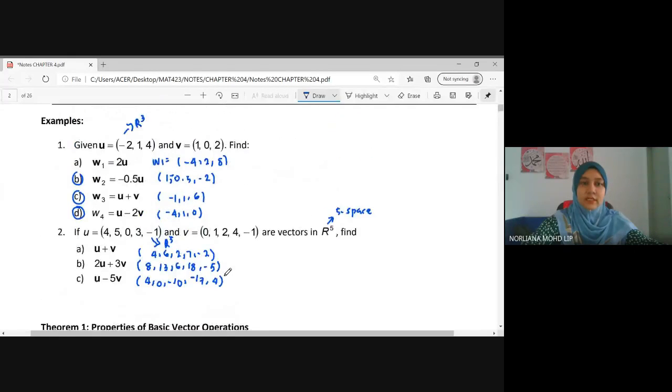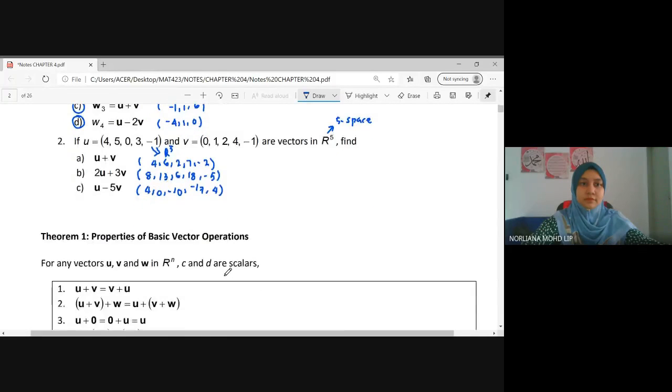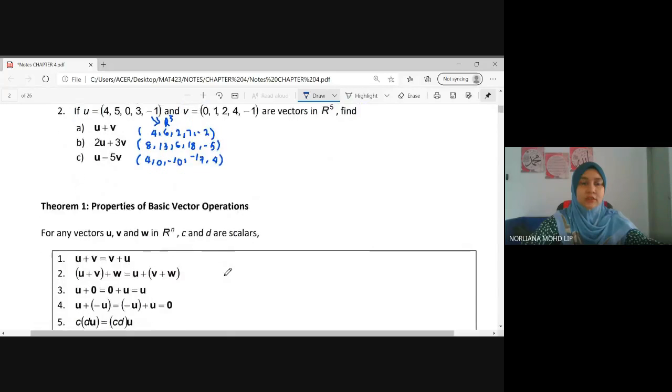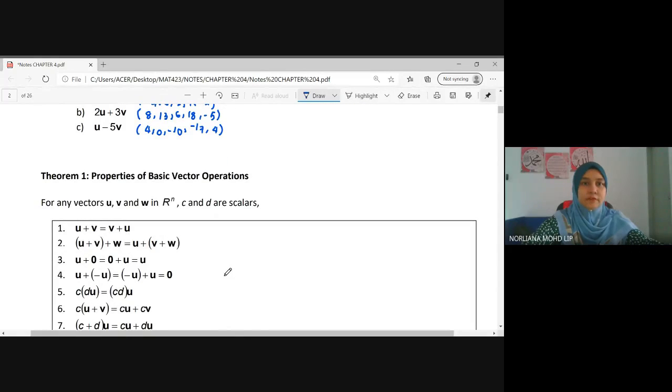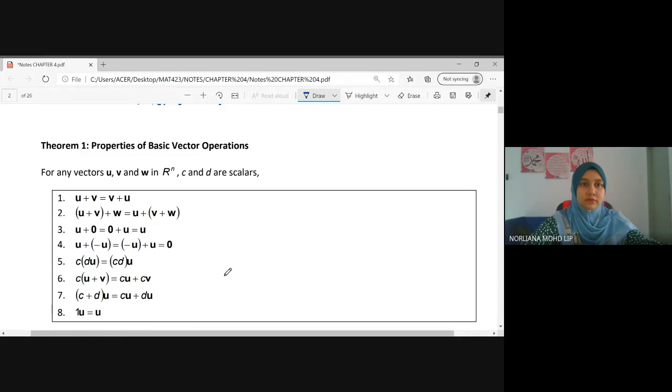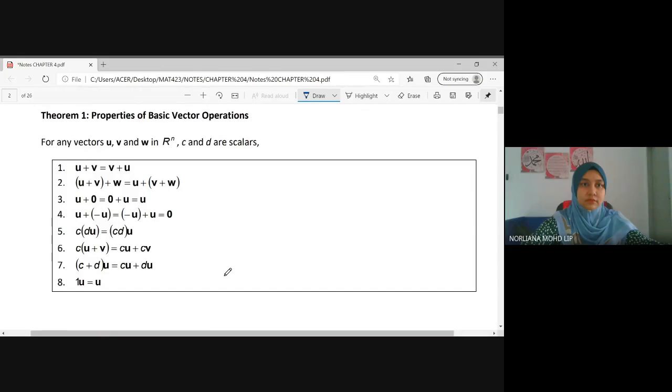Okay, so this one is an example of basic operations. Look at Theorem 1, the properties of basic vector operations.